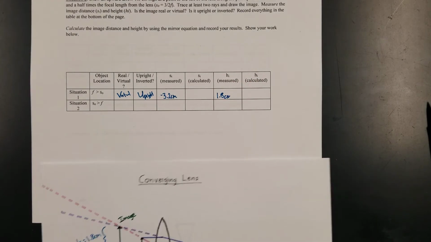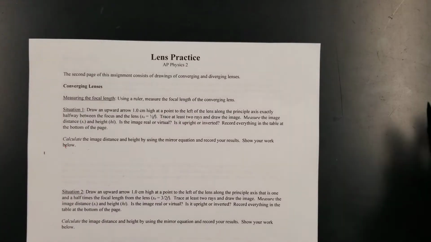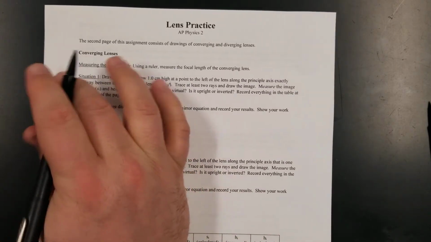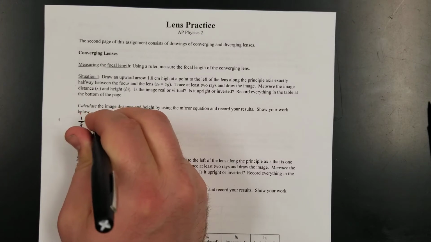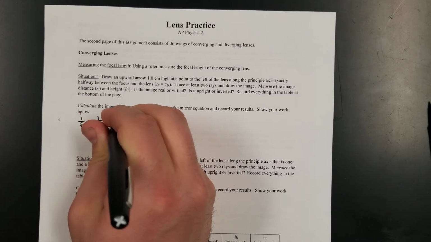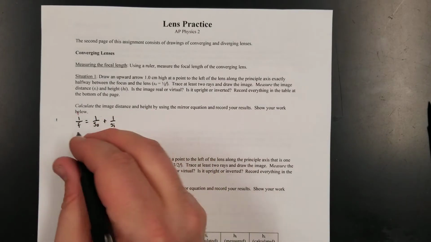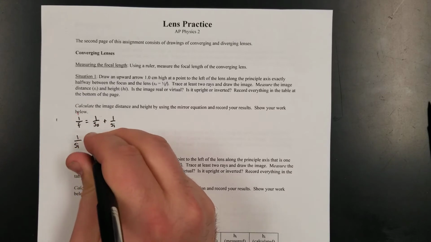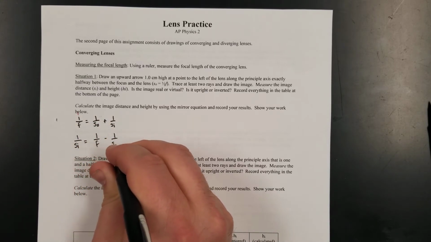Okay. Over here, I've got some space to actually do the calculations. So let's go through those real quick. Just like for a mirror, I can use the relationship 1 over f equals 1 over SO plus 1 over SI to calculate the image distance. So solving for 1 over SI, that would be 1 over f minus 1 over SO, subtracting that from both sides.